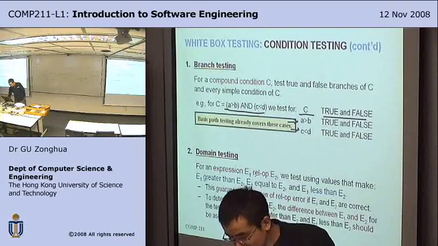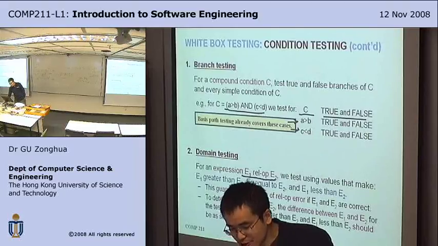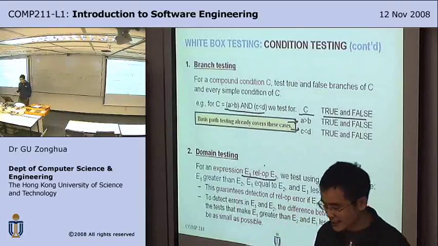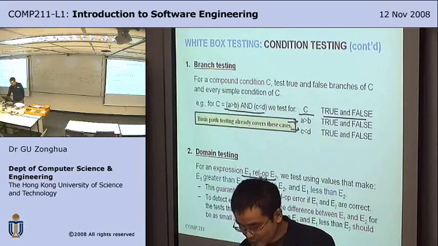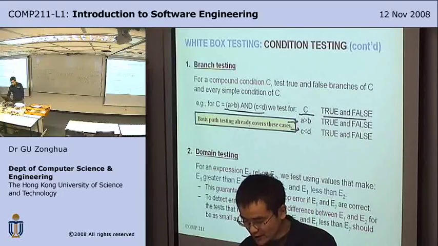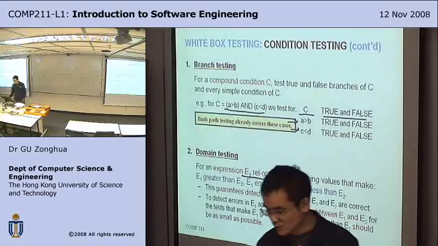So if you have an expression E1 relational operator E2, where the relational operator is greater than, equal to, and less than, you should use values that make E1 greater than, E1 equal to, and E1 less than E2 to detect relational operator errors if E1 and E2 are correct.